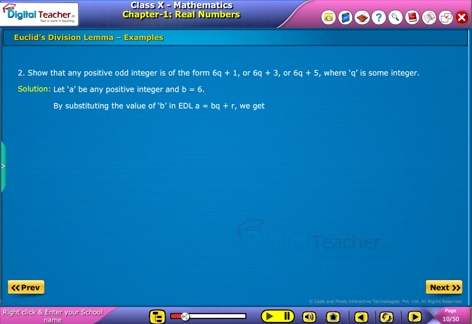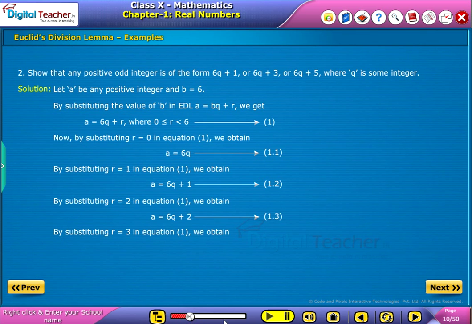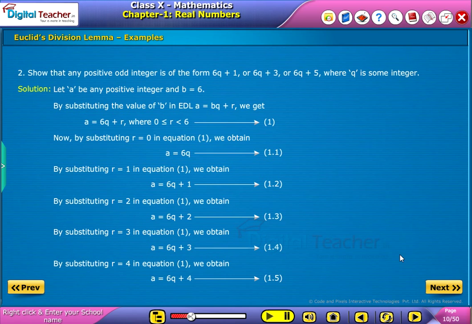By substituting the value of b in Euclid's division lemma, a equal to bq plus r, we get. By substituting r equal to 3 in equation 1, we obtain a equal to 6q plus 3. By substituting r equal to 4 in equation 1, we obtain a equal to 6q plus 4.